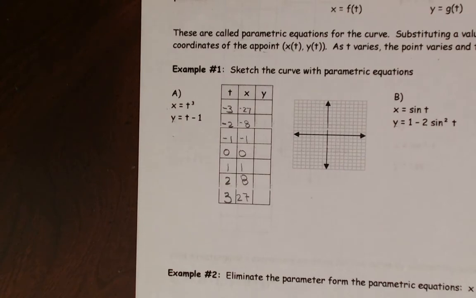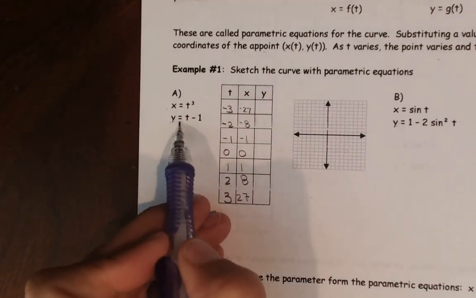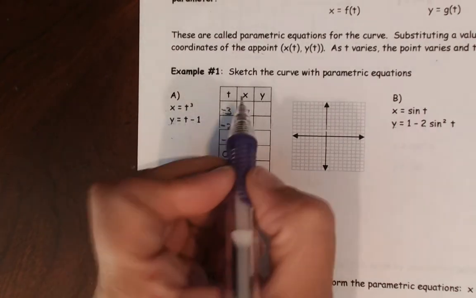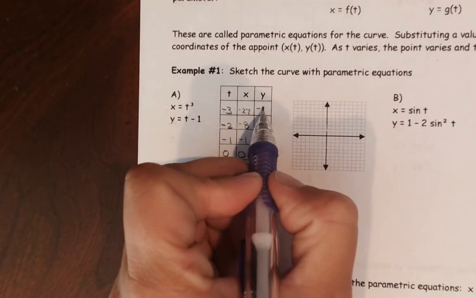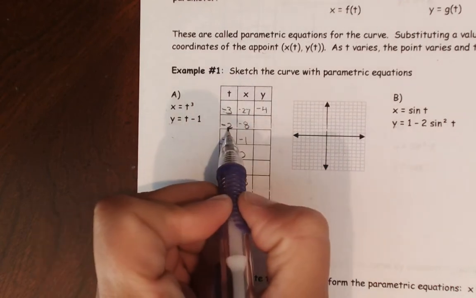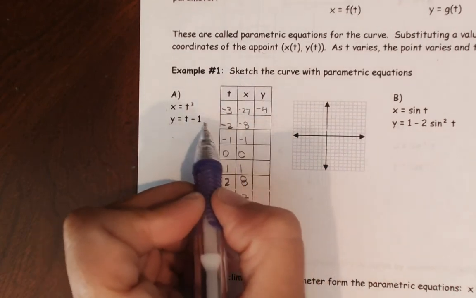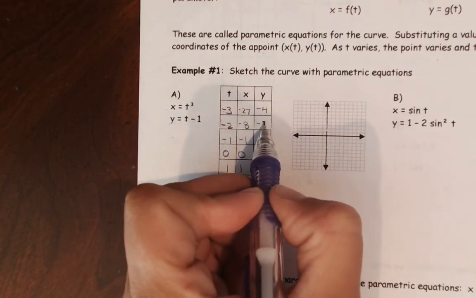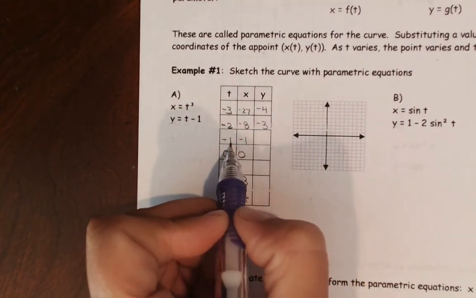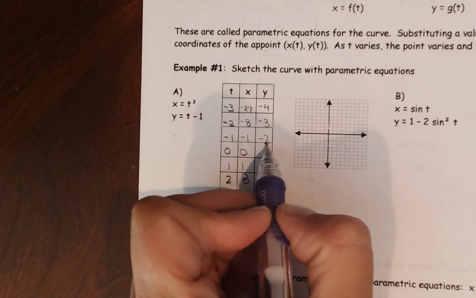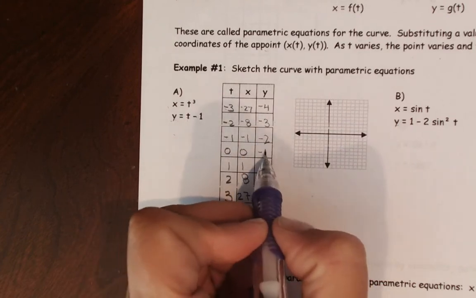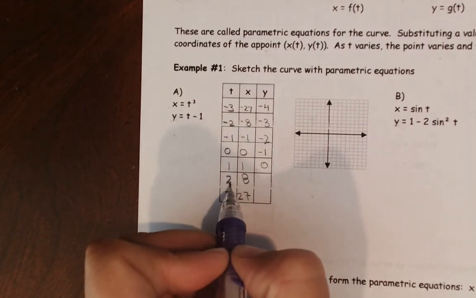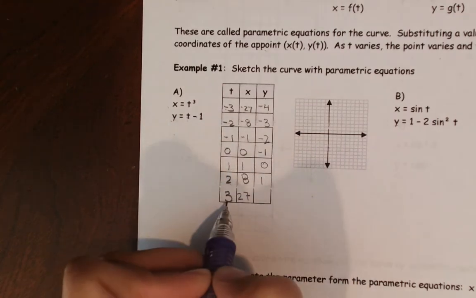Okay, and then I'm going to do the same for y. Y equals t minus 1, so -3 minus 1. And then t is -2, so -2 minus 1. -1 minus 1. 0 minus 1. 1 minus 1. 2 minus 1.